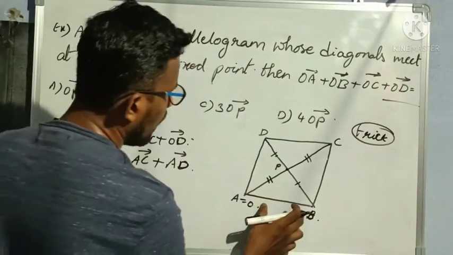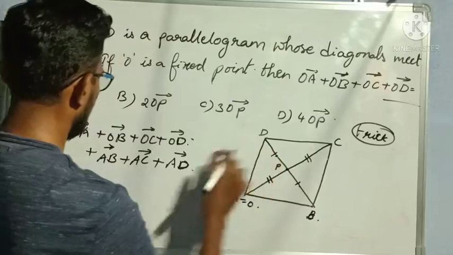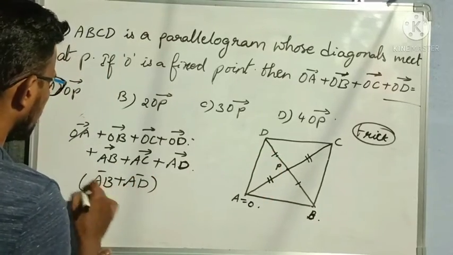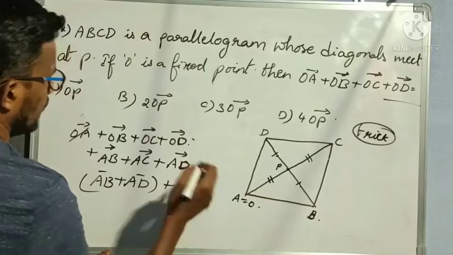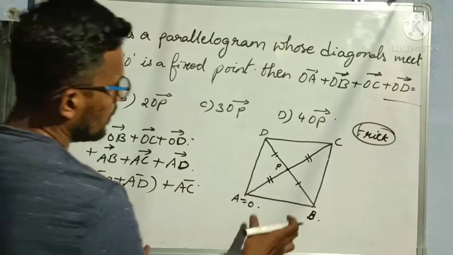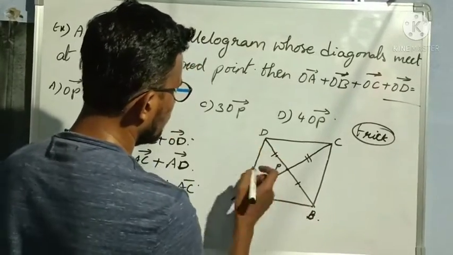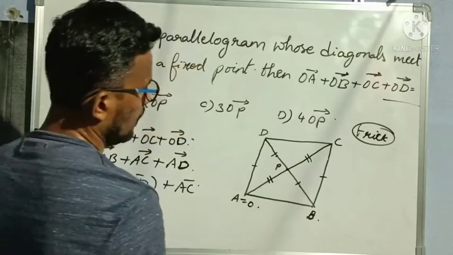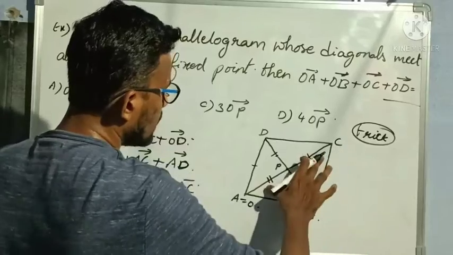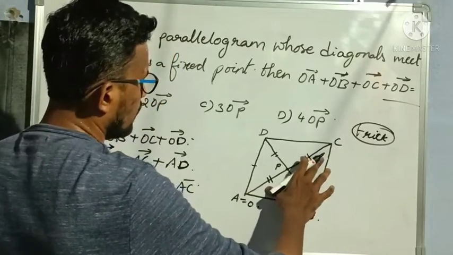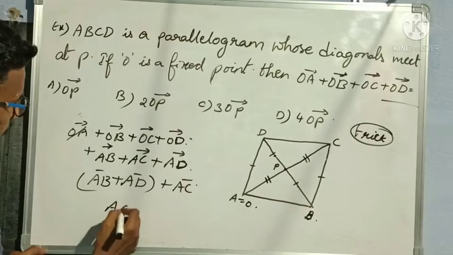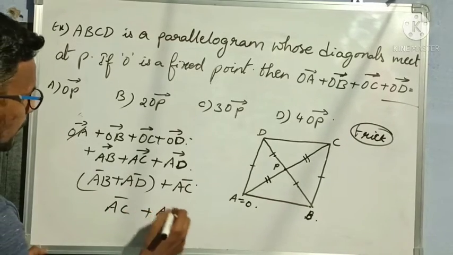See here, AB plus AD, again plus AC. So AB plus AD: in a parallelogram, we know that this length is equal to this length. So AB plus BC is AC from the parallelogram law, since AD is equal to BC, right? So AB plus AD is AC, plus AC.